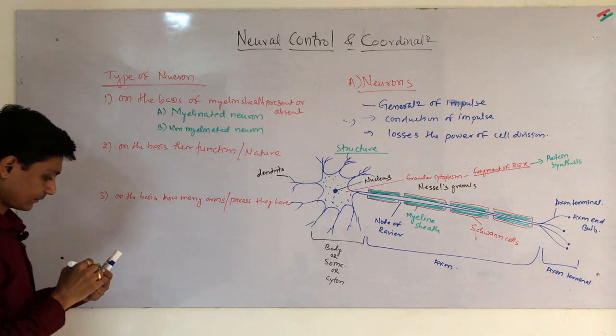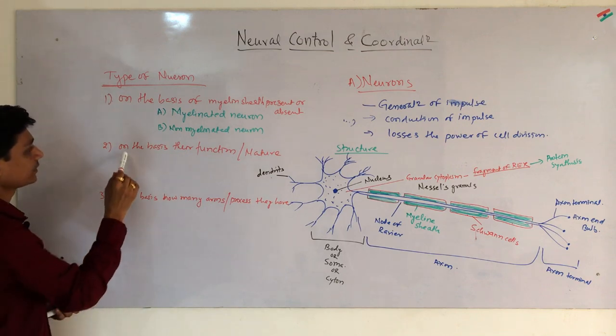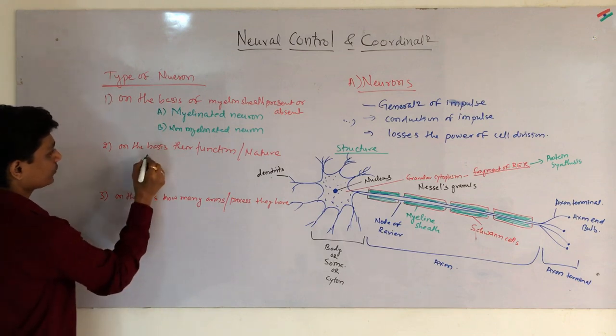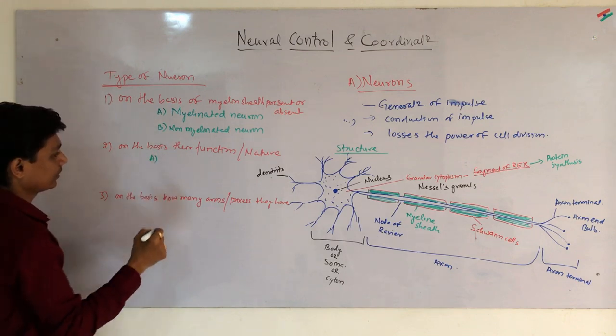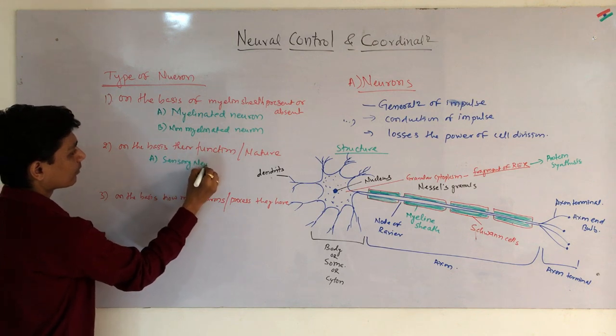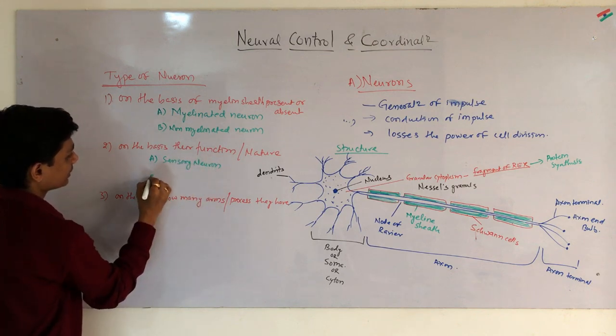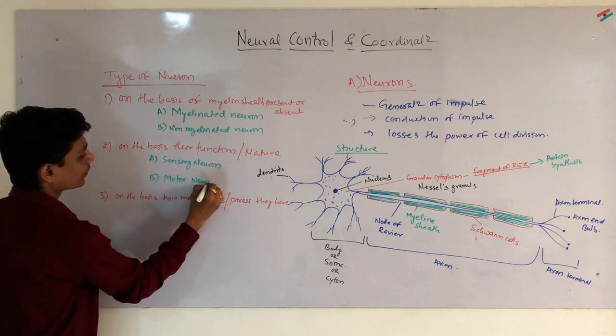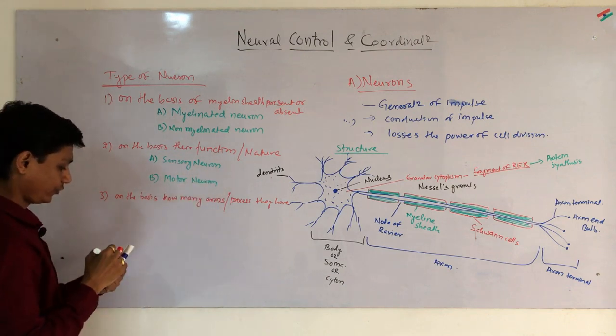Second, on the basis of their function. There are two types again. One, sensory neuron, and second, motor neuron.